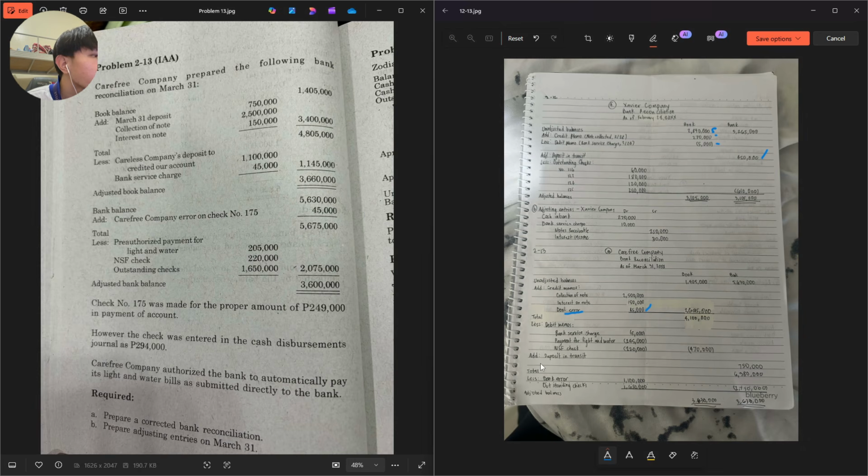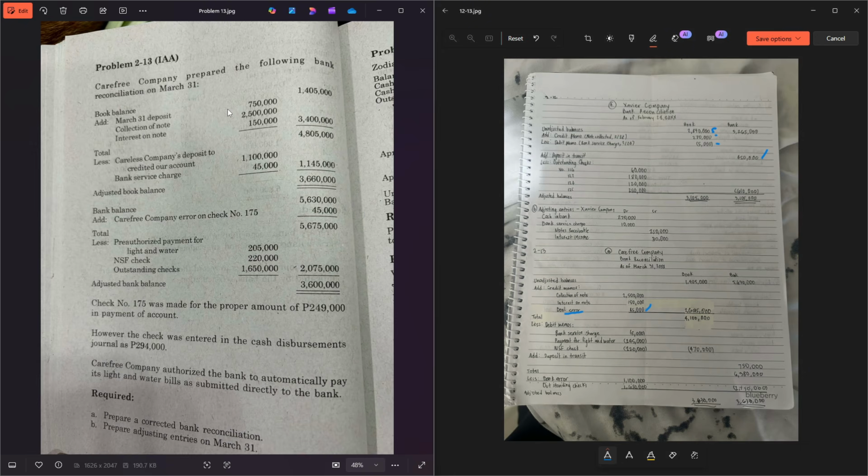And then the bank balance 5,630,000, deposit in transit of 750,000, which can be located right here. This one, the March 31 deposit, and then that's a total of 6,380,000.